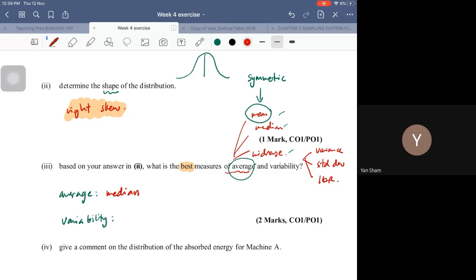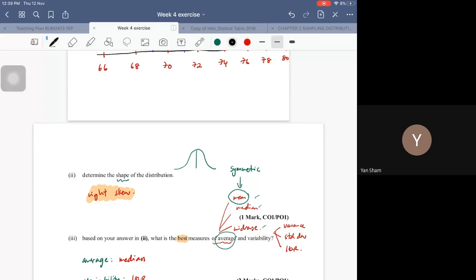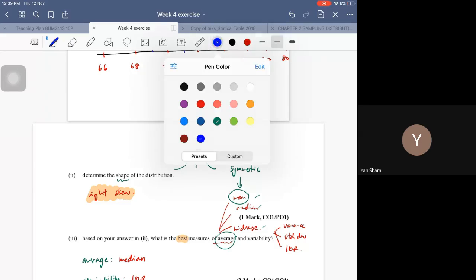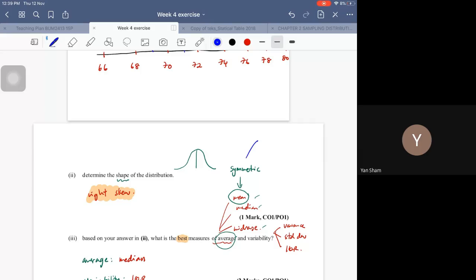In terms of variability, when I have skew data, it doesn't matter whether it's right skew or left skew. As long as it's skew, I'm going to use the IQR as the best measure of variability. So let me put it here. When you have symmetric data, the best measure of average is the mean, and for variability you could use either standard deviation or variance.